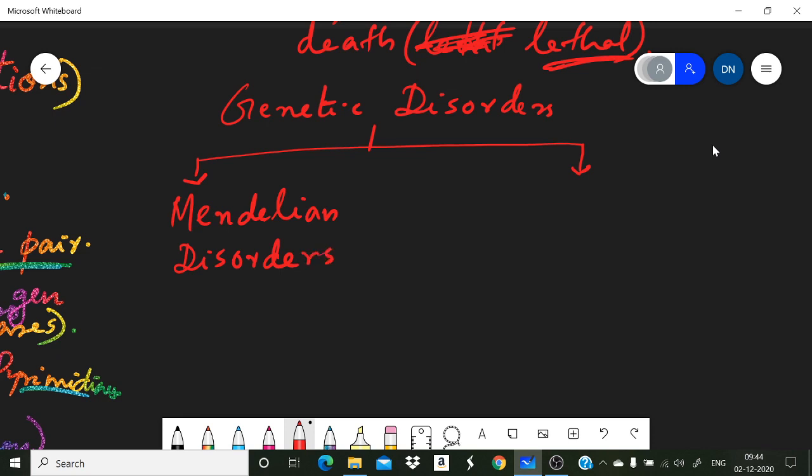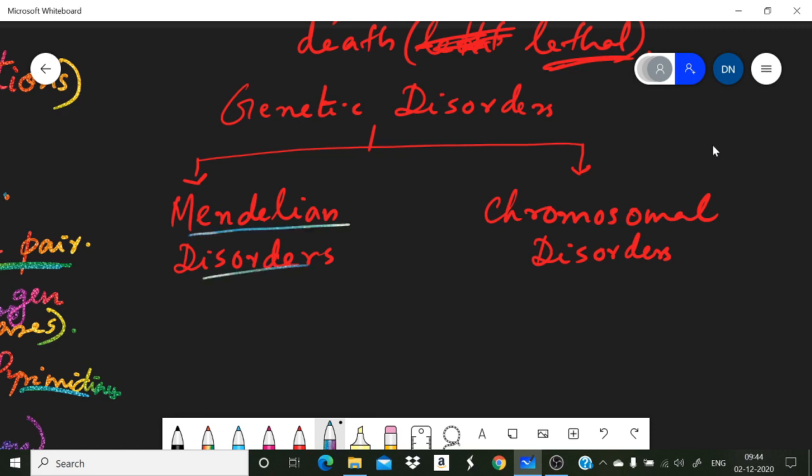The genetic disorders are classified into two types. One is Mendelian disorders, the other one is chromosomal disorders. Mendelian disorders are the genetic disorders which follow the principles of inheritance, the laws of inheritance.